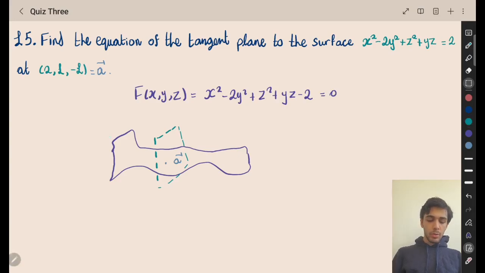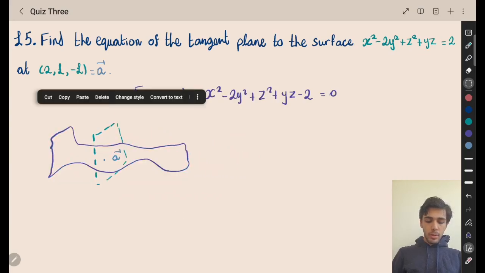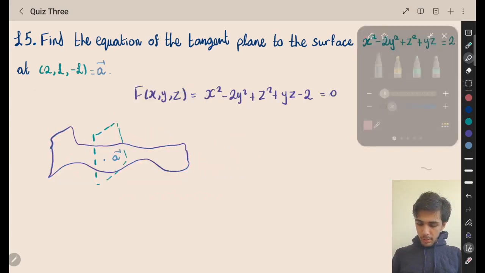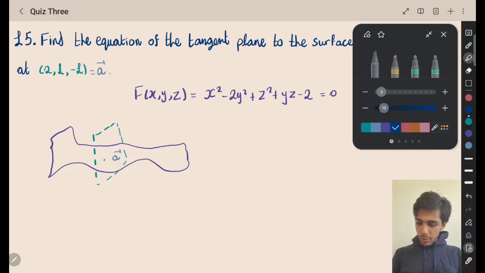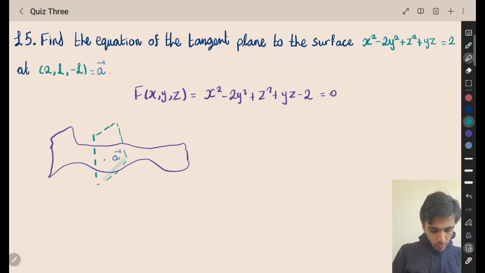If we would like to describe the equation of this tangent plane, then here's what we should do. What we need is a normal vector that pops out of this plane.